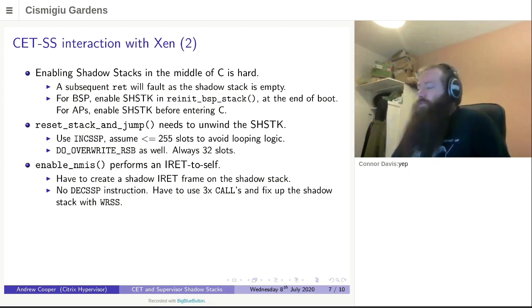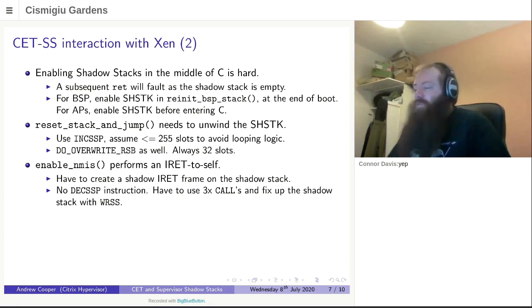So we use 3 call instructions and have to fix up with WRSS to turn it into a shadow IRET frame. It's also worth noting that this will destroy any call and return speculative optimizations.